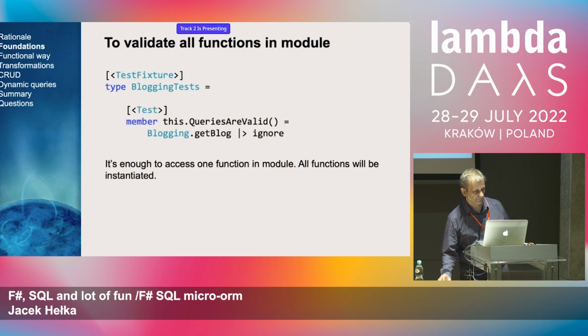It means that it's enough to write one very simple test to have the whole module validated. If something goes wrong in one of the functions in a module, we will have an exception and the test fails.